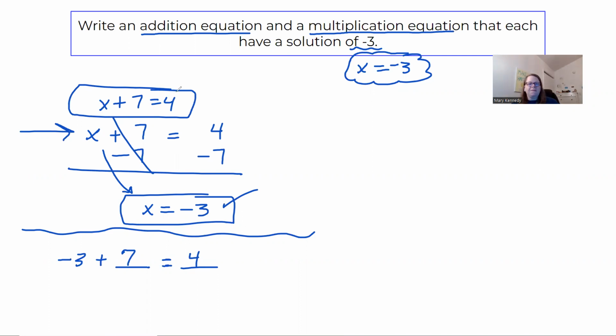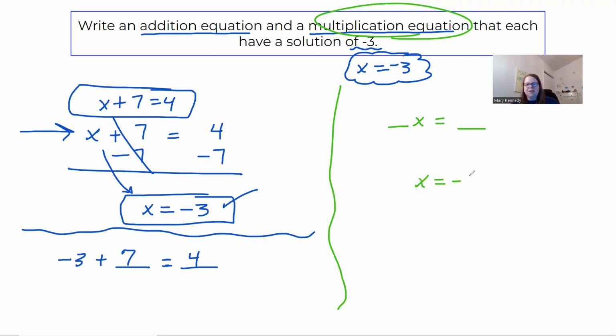All right, let's do a multiplication equation. So we know again that something times x equals something, right? We don't know what those are, but we know that when we solve it, we should get x equals -3. That's how the multiplication equation is going to look: something times x equals something.